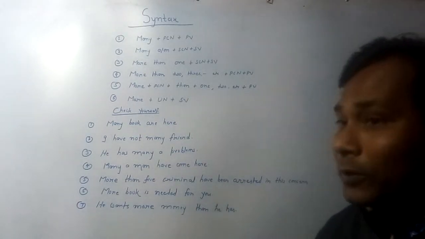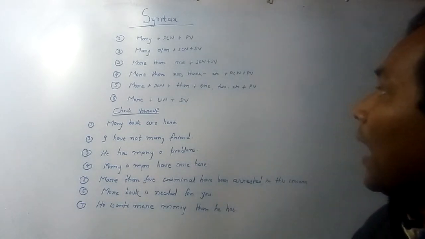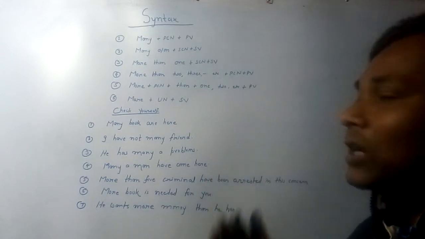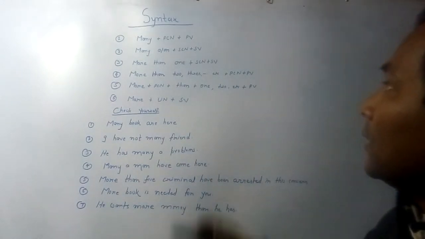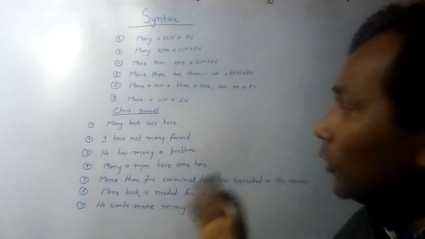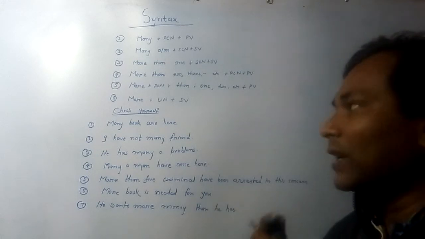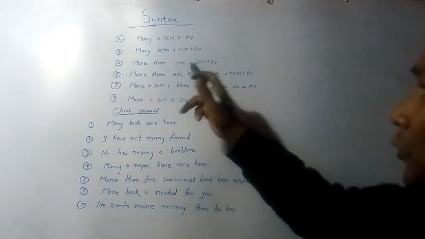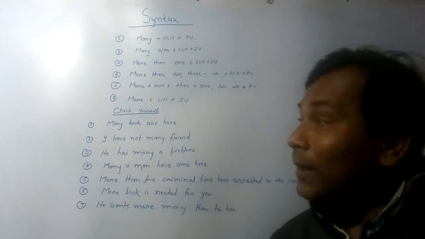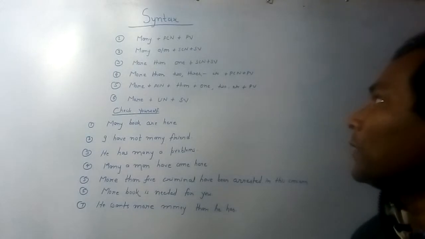At first, if you use more, then after it you can use than, and just after it you can use one plus singular countable noun plus singular verb. In these cases, if you see one, you can only use a singular countable noun and a singular verb. Okay. So follow this structure pattern. After observing that, you can find out more than one plus singular countable noun plus singular verb.